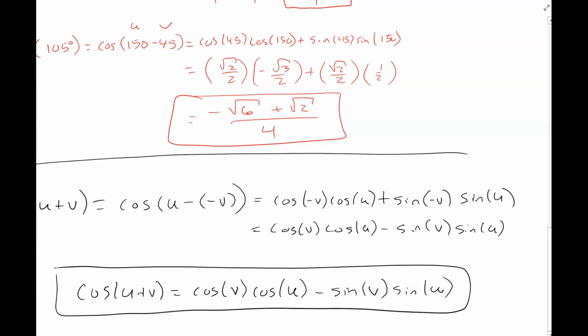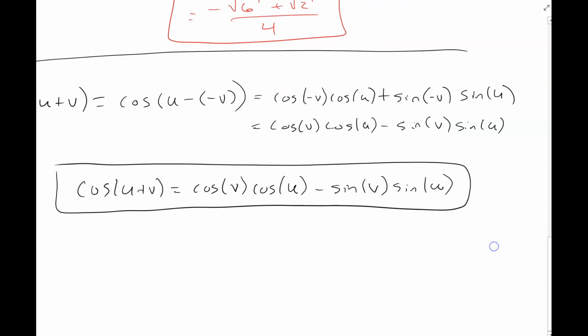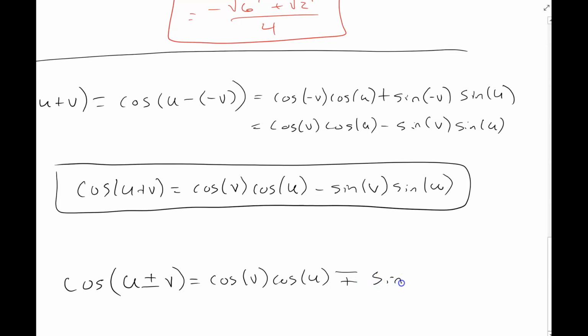So that's our second identity. Usually, we compact these two identities down into one statement. And we write it like this.